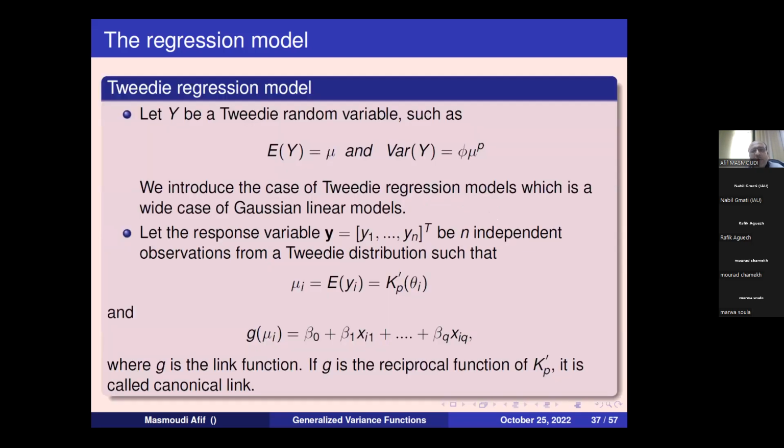In the case of 3D, the mean parameter, the expectation of the response variable, which is 3D distributed, equals mu, and the variance equals phi times the power function of the mean.